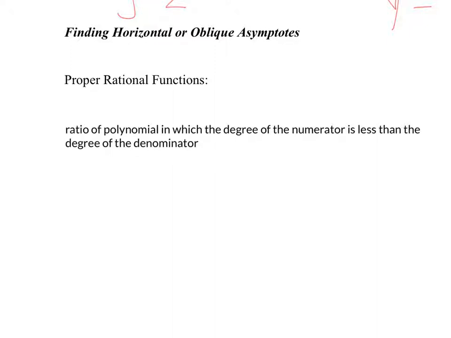And when this happens, we always get a horizontal asymptote of y equals 0. So anytime you're given a rational function where the degree of the numerator is less than the degree of the denominator, you're always going to have a horizontal asymptote, and it's always going to be y equals 0.